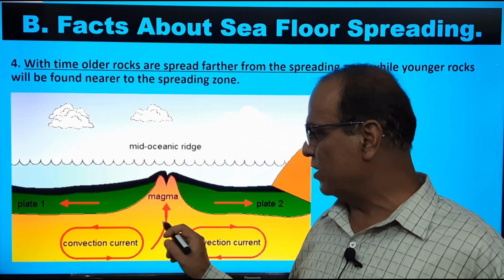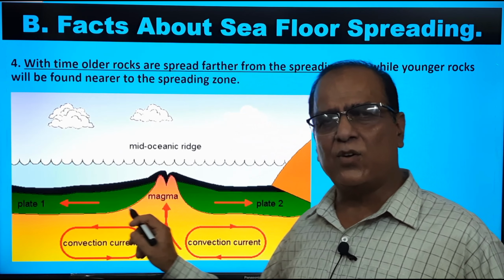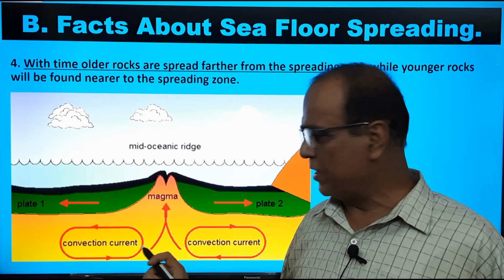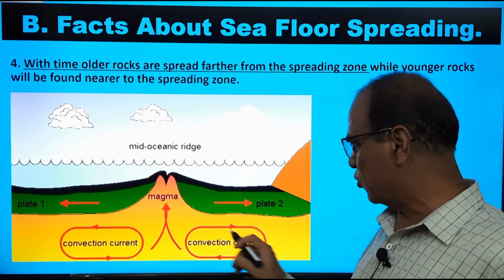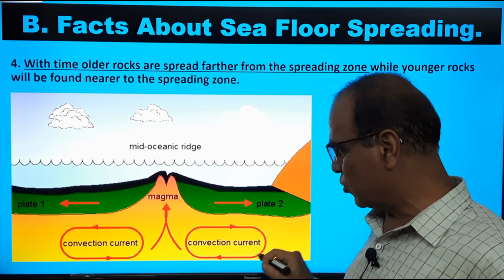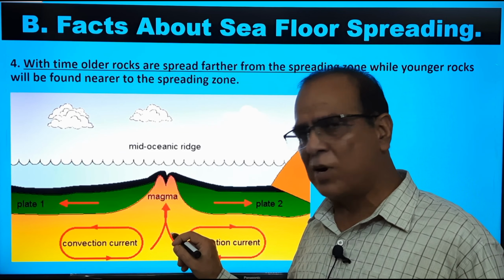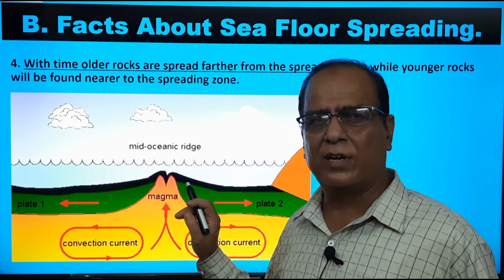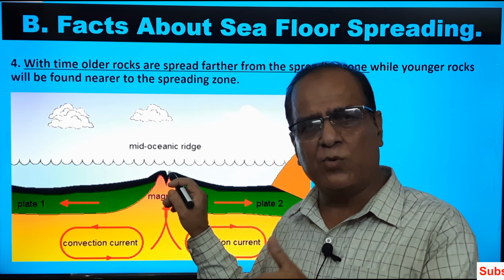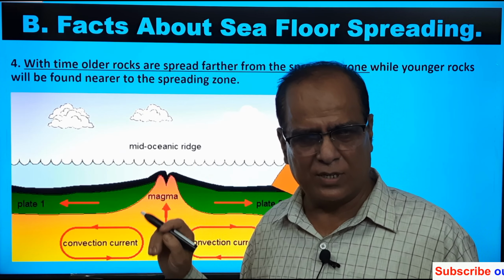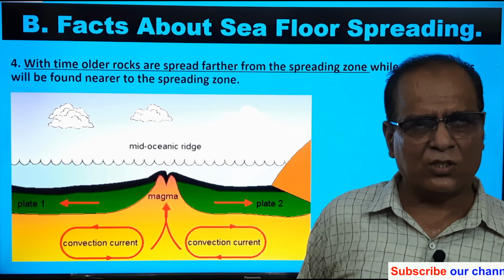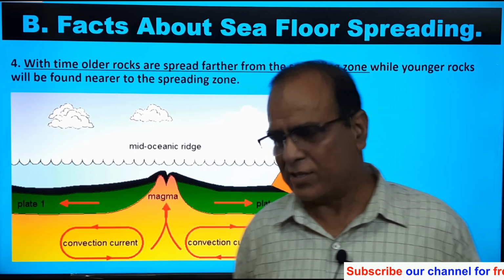So you see, this way a cyclic kind of thing is getting created. Here also the cyclic sort of thing: it comes this side, gets destroyed, and again in the form of molten material it would come here, it would get upwelled, where the mid-oceanic ridge would be formed. So this is the process by which this entire thing happens.